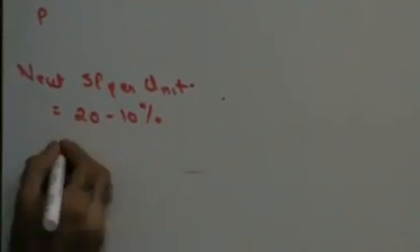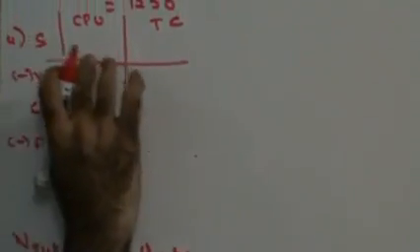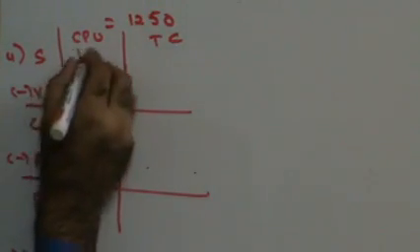They are saying that new selling price per unit is 20 minus 10%. That means new selling price per unit is going to be 18.